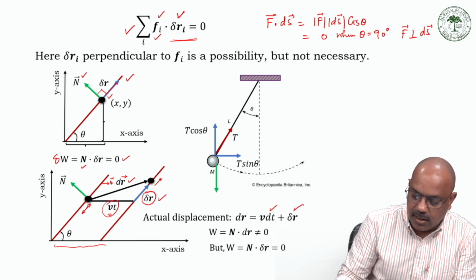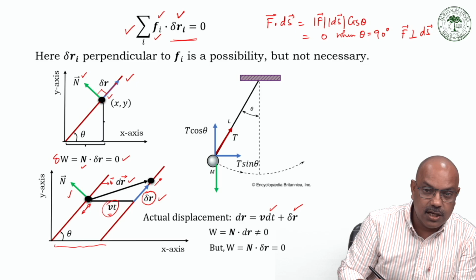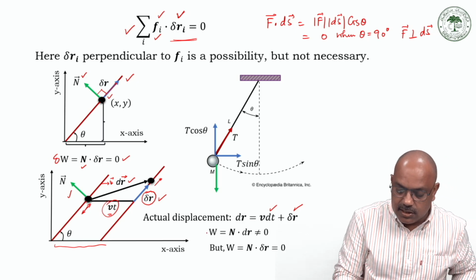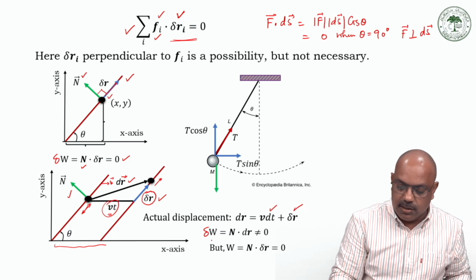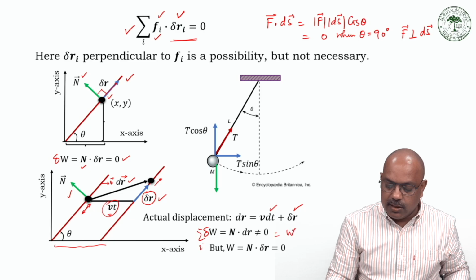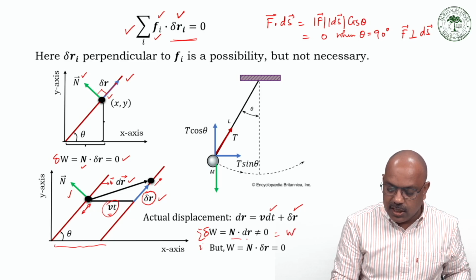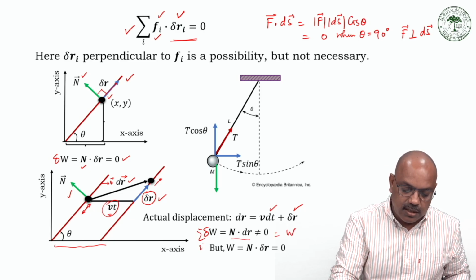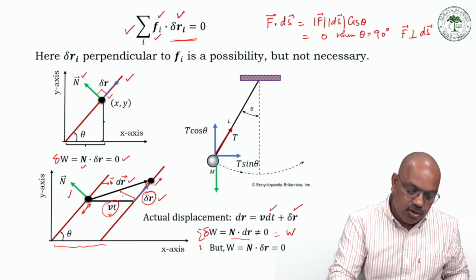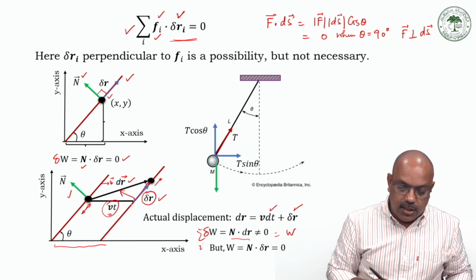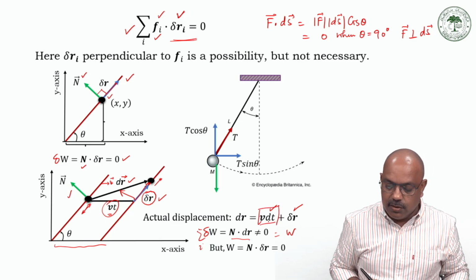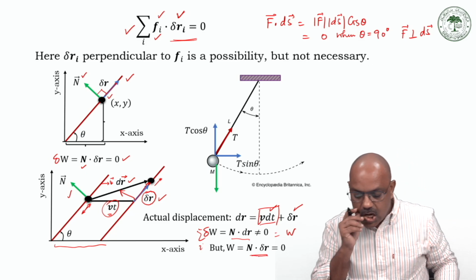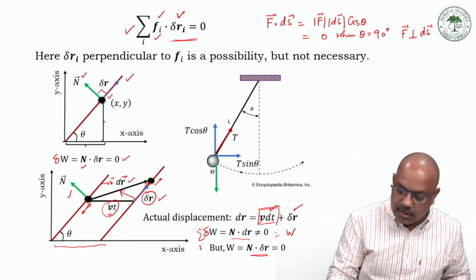But the constraint force is my N. So if I take this delta W as N dot dr, or because we are summing over all the forces over i, it's going to be overall W. So N dot dr: because N is perpendicular to this delta r, but it is not perpendicular to this one, it is not going to be zero for v dt.